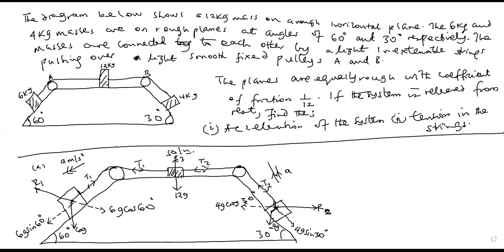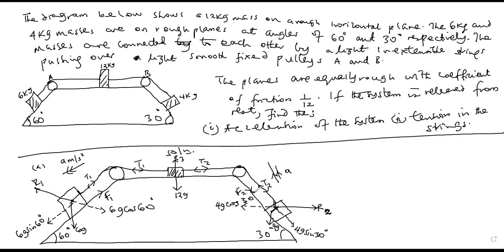Before I go to this mass, you need to also know that they are saying that equally, the planes are rough, meaning that this plane is rough, this plane is rough. So if the system is accelerating this side, it means that our frictional force F1 would be moving this side. Because the system is moving down, the frictional force will be moving up. For this case, the system is moving up, so the frictional force is moving down. Let me call it F2.